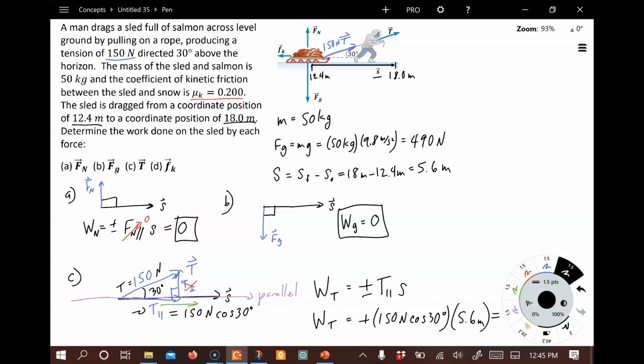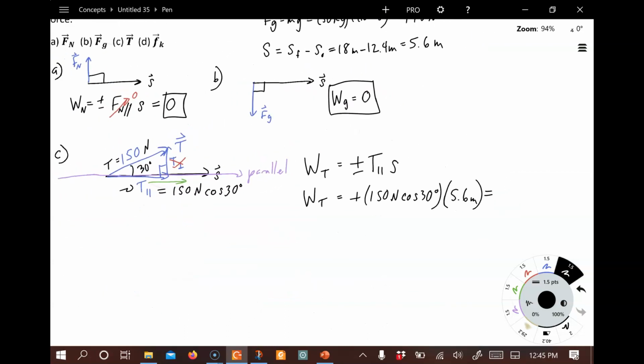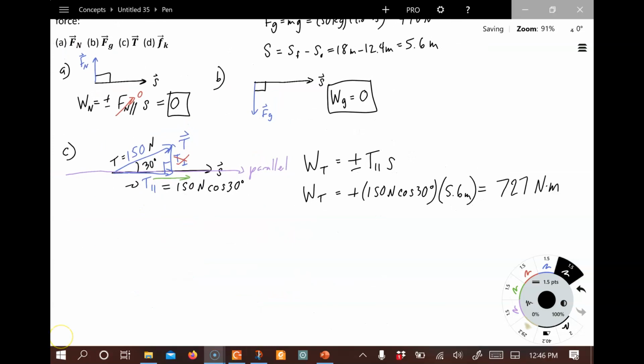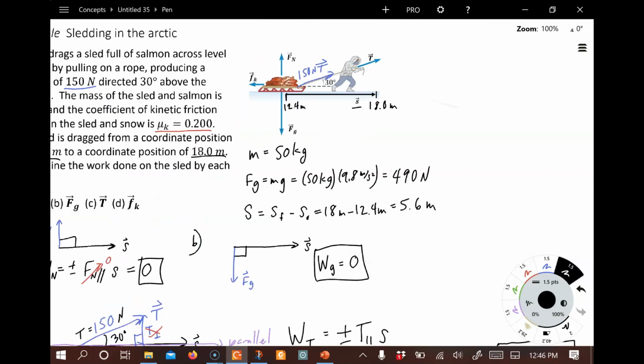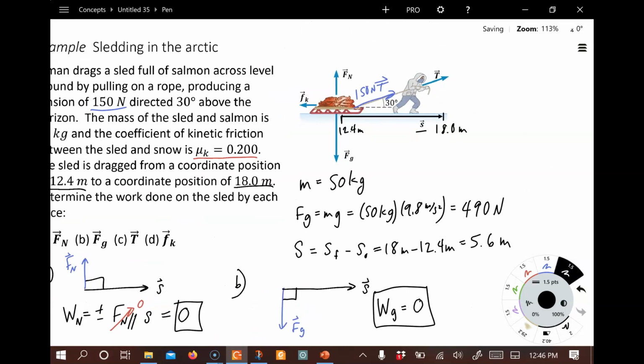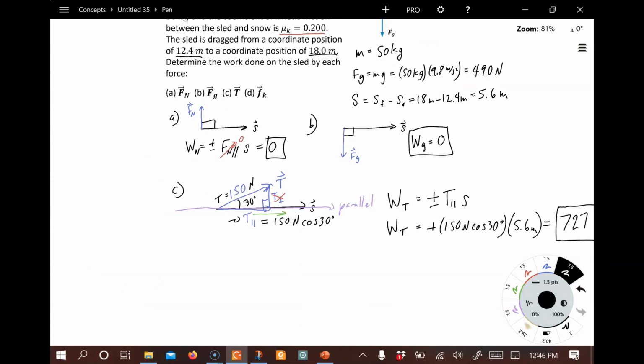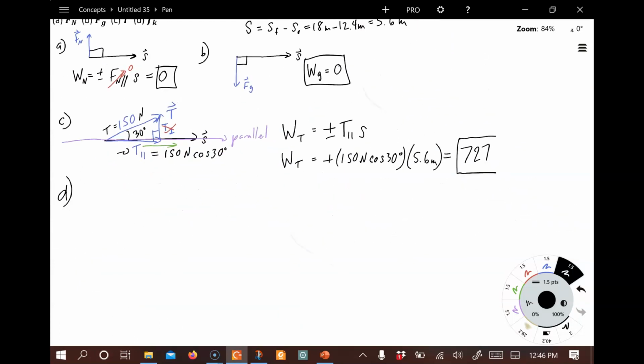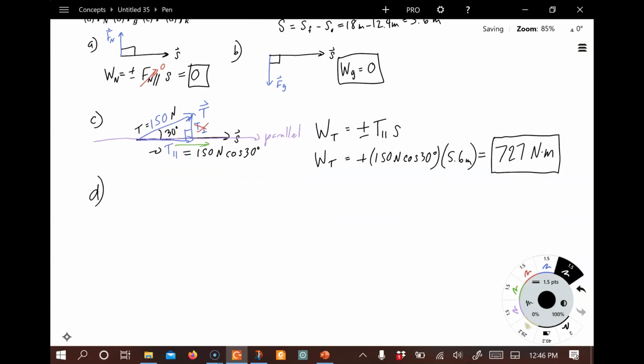Put that into the calculator, and that comes out to 727 newtons times meters. Now, to do the next part, we need to figure out also something about the frictional force. So let's draw the two to see what the work's going to look like in part D here. So we saw that the kinetic frictional force goes like this.